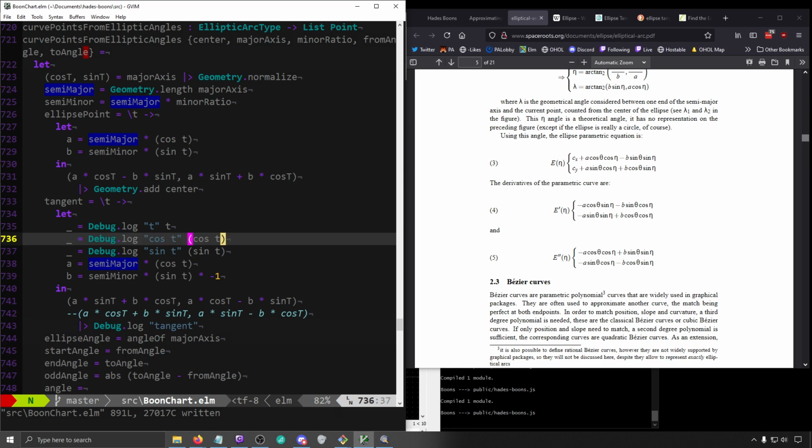So cosine of theta is what they're using for that. Ellipse angle would then be theta, but we're not too concerned with that right now.